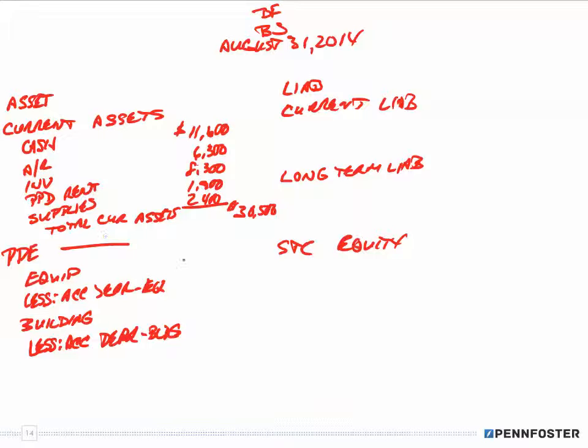Our equipment is 32,000. And our accumulated depreciation is 12,700. Okay, and notice I didn't make that a minus, and that's because by describing it as less, I know that I'm going to subtract 12,700 from the 32,000, and we put that figure right here at 19,300, right next to it.